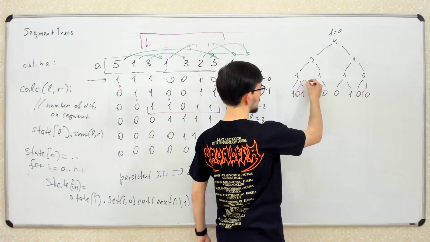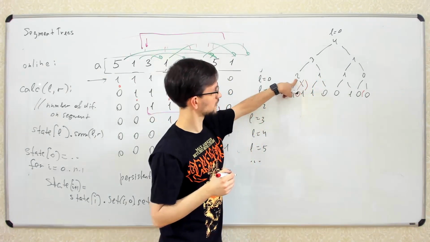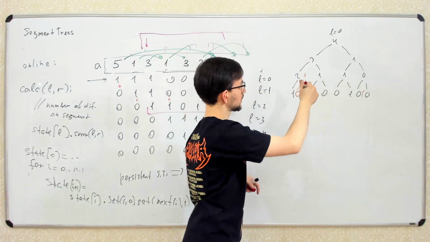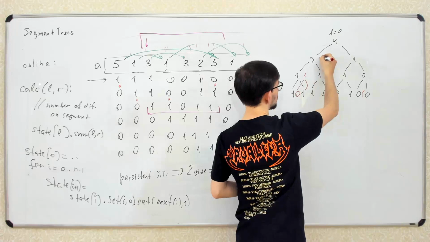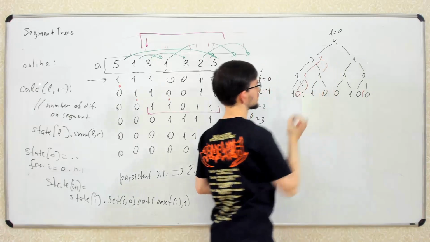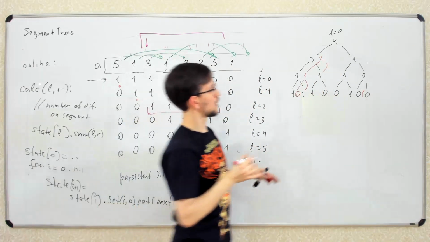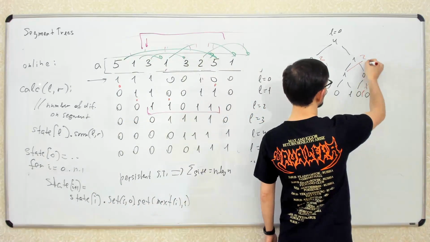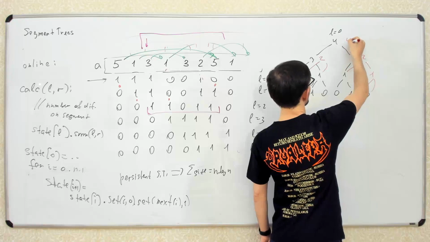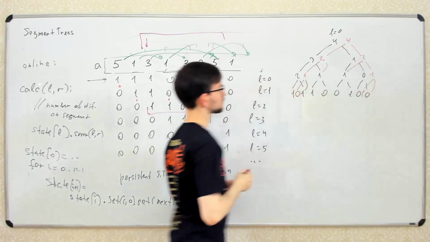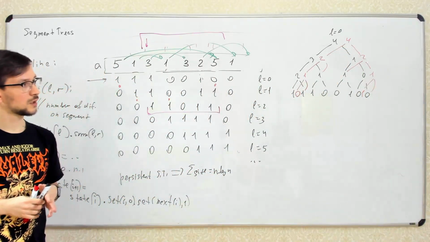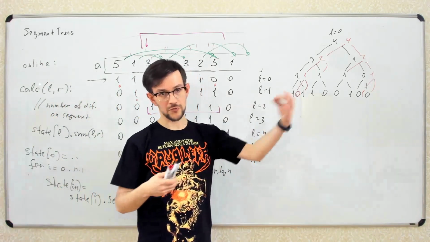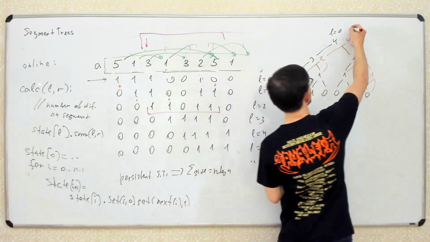So here I need to have this node. I clone this node to the new version. The new version will have 1. I clone this node to 2 with these 2 leaves. I clone this to 1. I clone this to 2. And I clone this to 4 again. And now I have both versions of this segment tree.